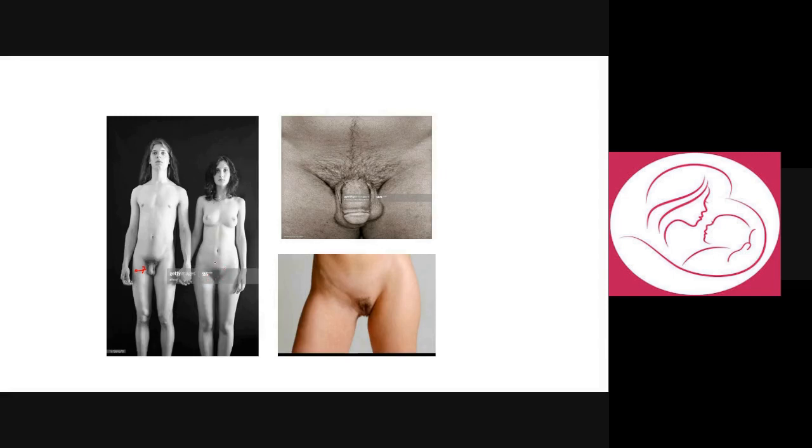Further, I zoom in on the scrotal area in a man, and if you observe it in your spouse, you will find that one of the testicles is a little bit larger in size compared to the other one. It may be either this one or the other one. Usually it follows this pattern. Also try to observe whether there is movement of the scrotal sac around the testicles or not.